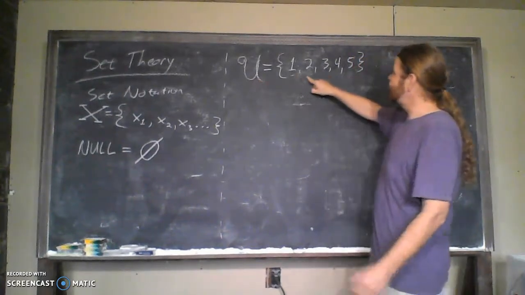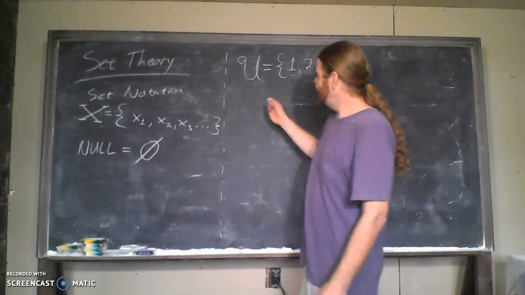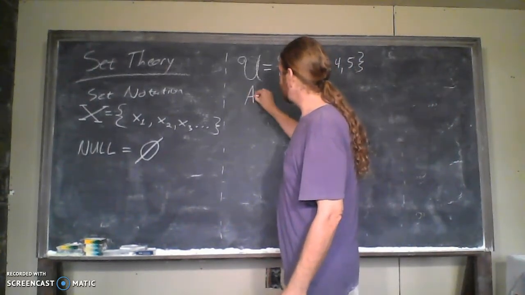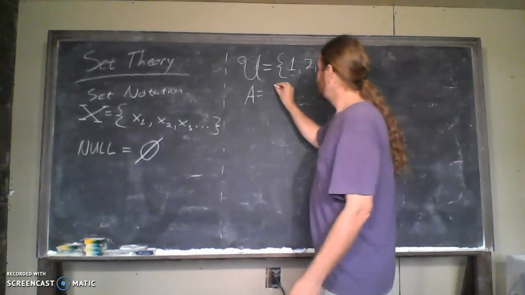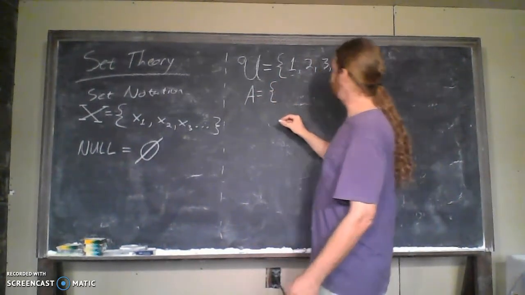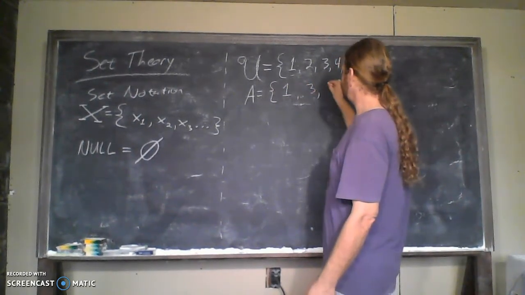So we have this set. This is all the numbers we're going to work with. That's our universe. And I'll put a couple subsets in there. The first set we'll call A. Let's do odd numbers in A: 1, 3, and 5.